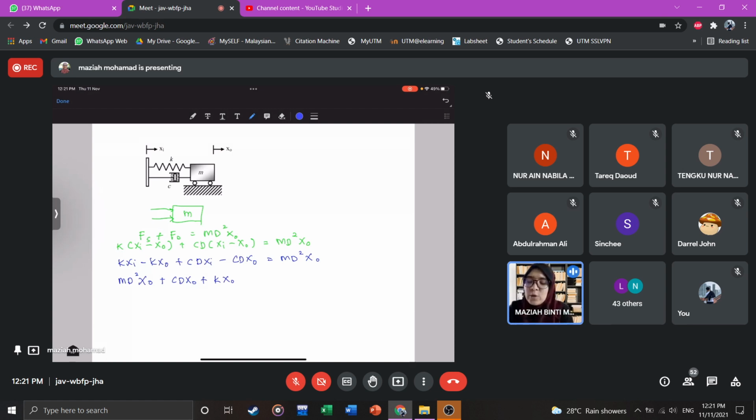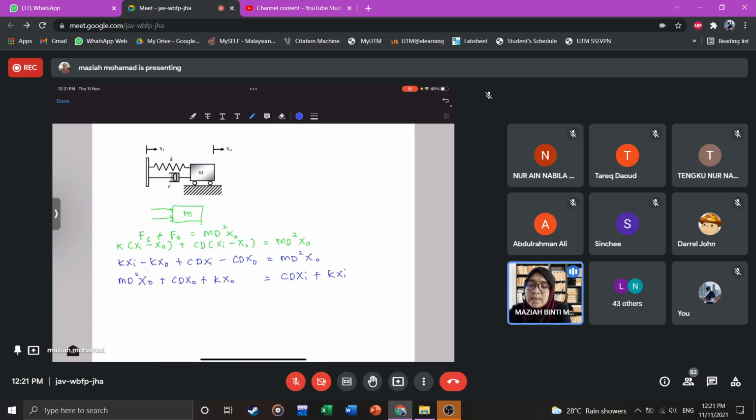The output is x naught, equal to the input side, which is c d xi plus k xi.